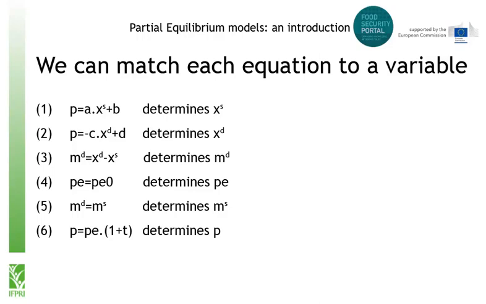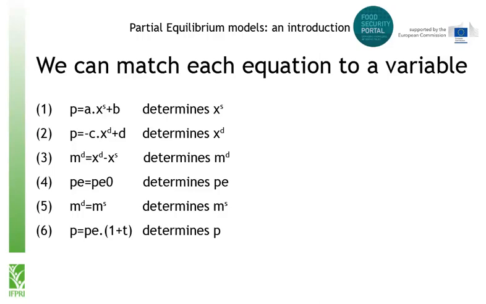So a different interpretation would be, well, equation 5, MD is equal to MS, determines PE, and equation 4, PE is equal to PE0, determines MS. Okay, so this is possible.